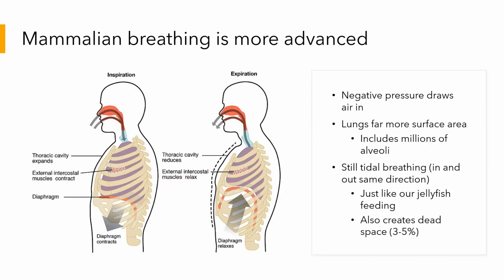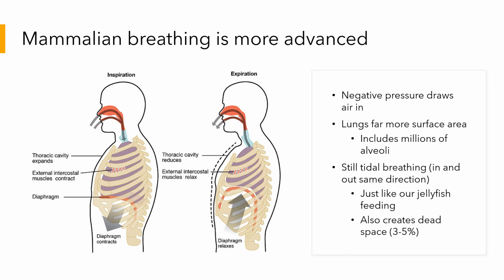All right, so how is mammal breathing different? This is a more efficient system. In this case, the diaphragm pulls down, right? Pulls down on the lungs. And as it does that, that creates negative pressure. So air gets sucked in through your nose, and if your mouth is open, it'll get sucked in through your mouth.